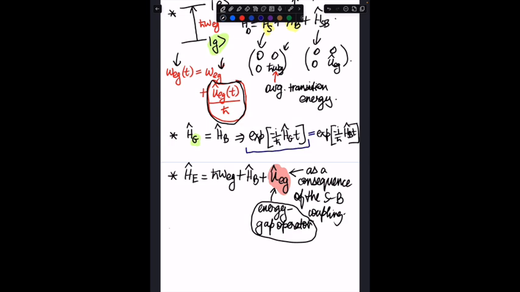So if you have a particular two-level system, and this is your average transition energy, then this energy gap operator at some arbitrary time, just call it t, would be reporting on its actual dynamic transition frequency. So that's what this does, and its time dependence is incurred in the interaction picture.